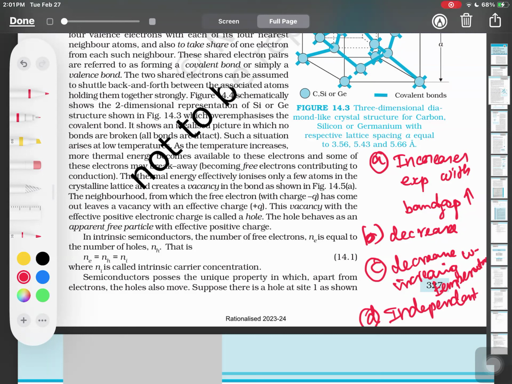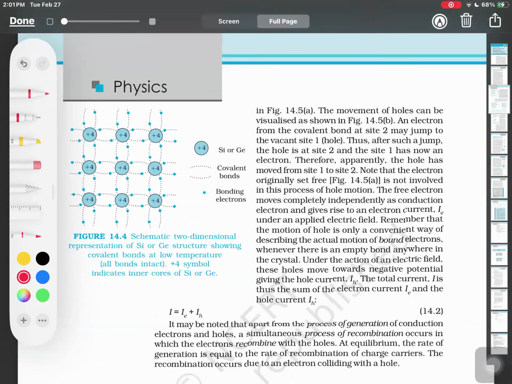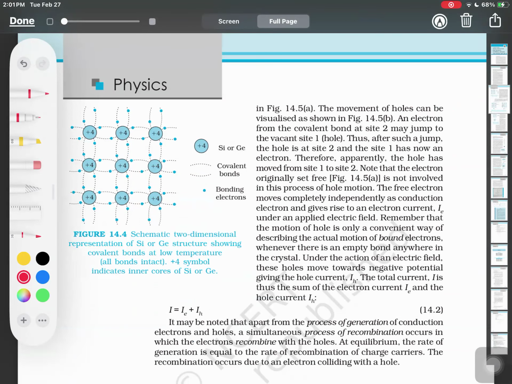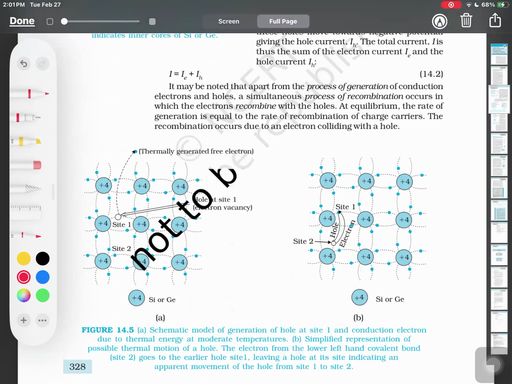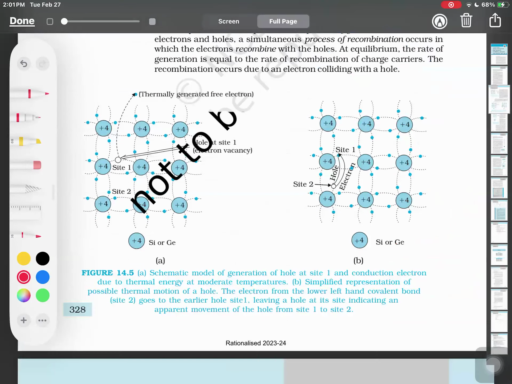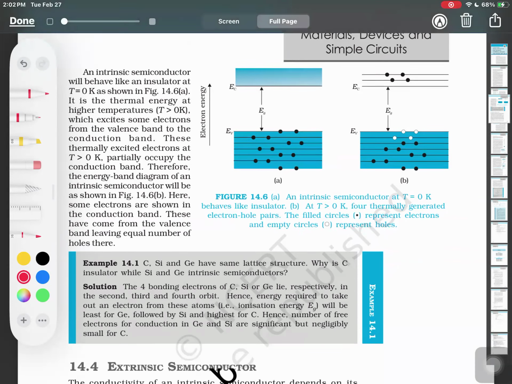The probability of electrons to be found in the conduction band of an intrinsic semiconductor at finite temperature, how will it be?